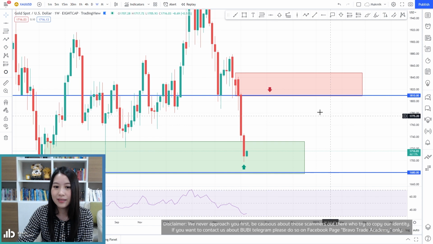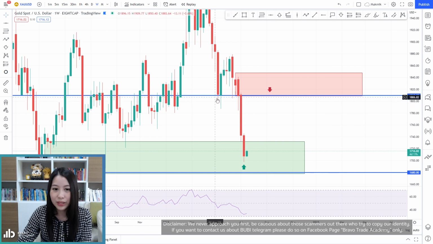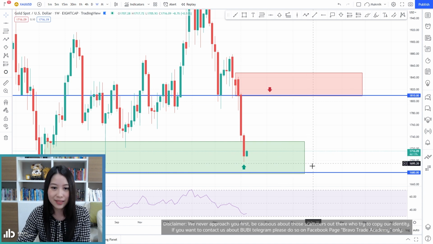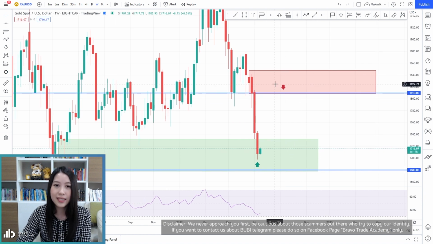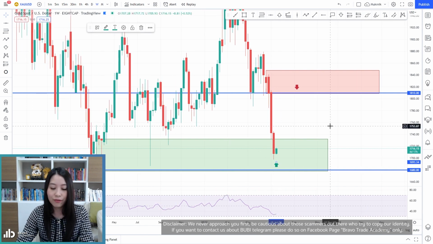If you notice, it used this 1810 as support once, twice, a third time, actually a fourth time. And then when the price could not persist above 1810, it turned into resistance. So 1810 is a very significant resistance in the bigger time frames as well. So that's the weekly time frame.